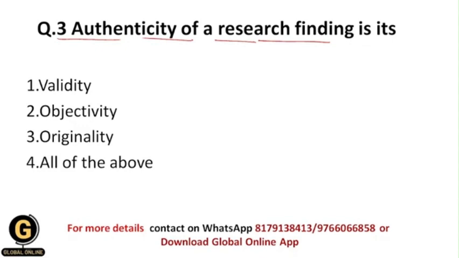And what is exactly the authenticity of a research finding? It means that whenever we get the results of our research, how can you say that our research results are authentic. So whether it is its validity or its objectivity or originality or all of the above. So this question is somehow tricky students. So let us see how.